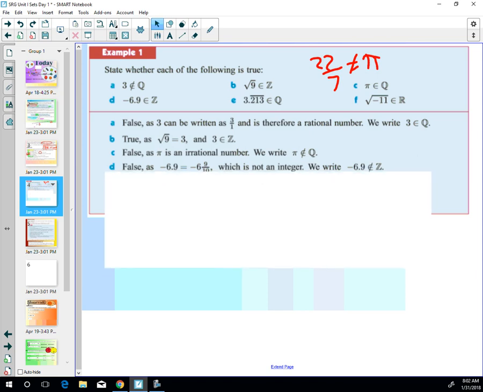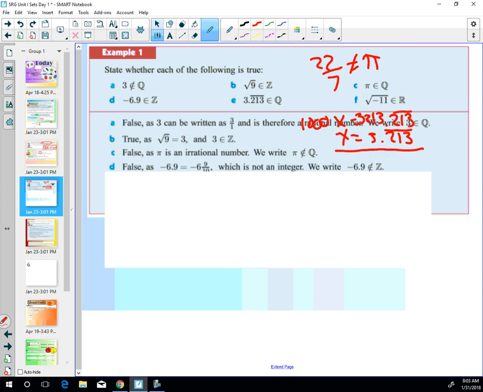3.213 repeating can be written as a ratio, and the way you would do that is you would say x equals 3.213 repeating, and then you would say 1,000x equals 3213.213 repeating.